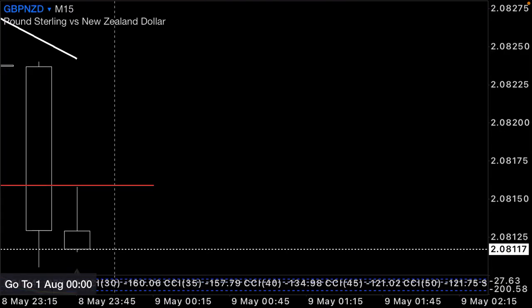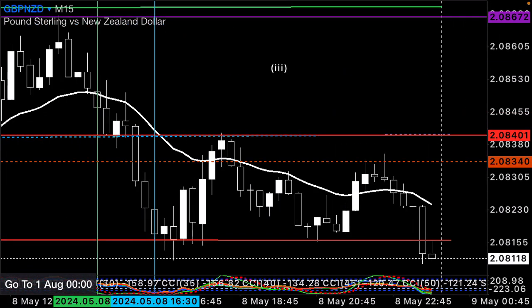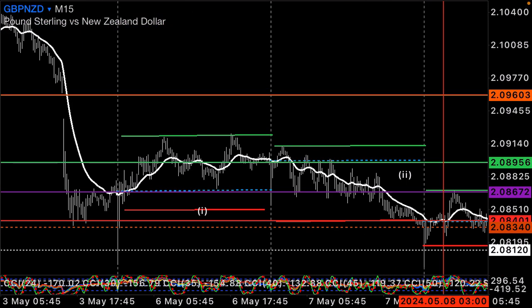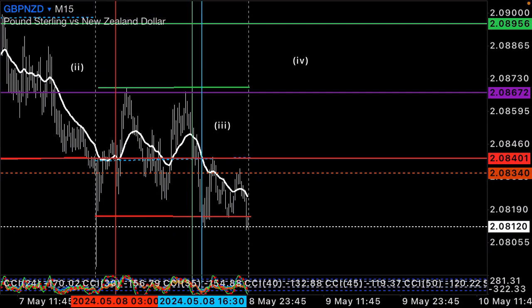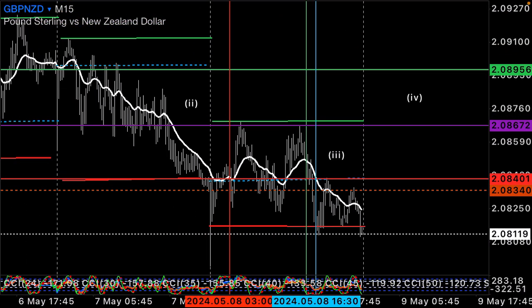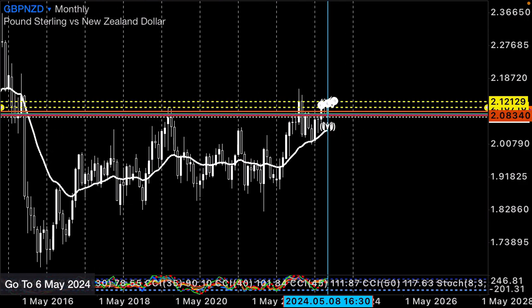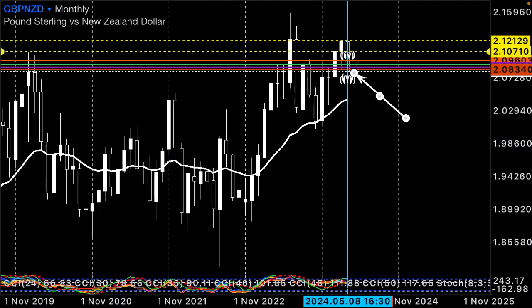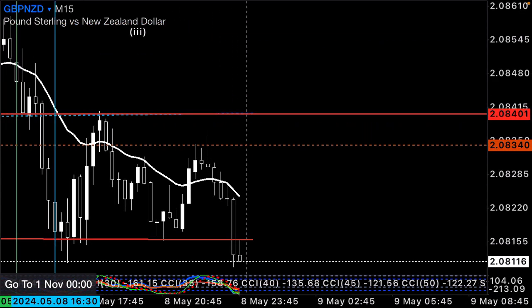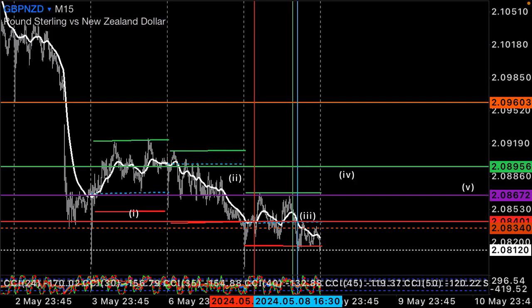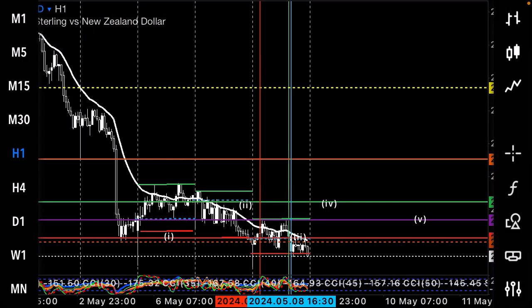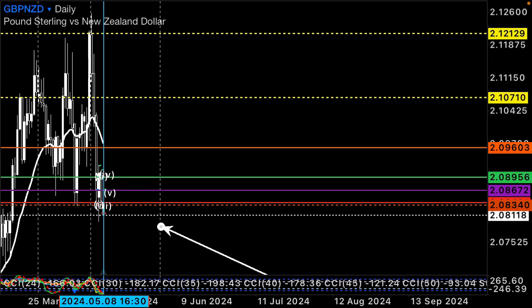So going back to the 15-minute. Looking for that arrow. Go back to the month. There's the arrow. Let's bring that down here. Bring it to current price right there. And go to the 15-minute. See where that arrow's at. There it is.